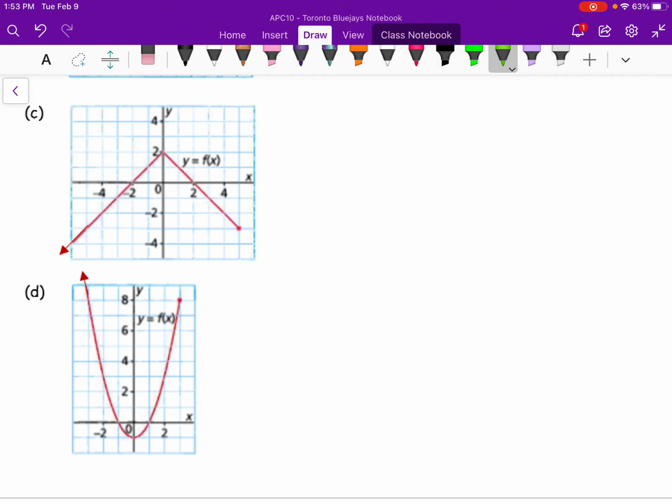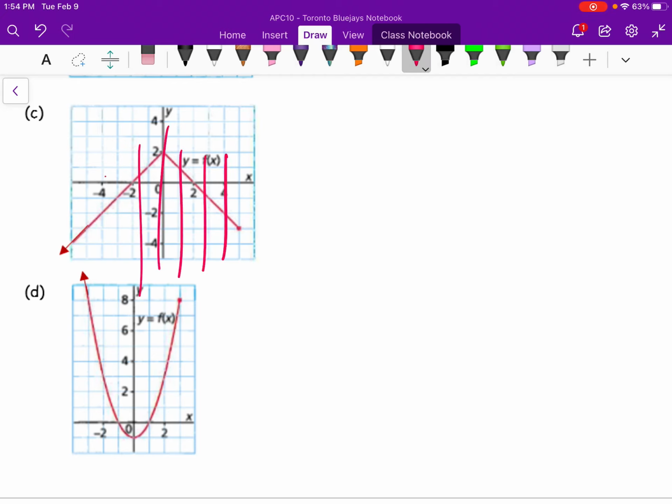Now, is there any way that I could draw a vertical line so that it passes through 2 or more points? So if I just draw a whole bunch of vertical lines, what I see is it is impossible to graph a vertical line so that it passes through 2 or more points.